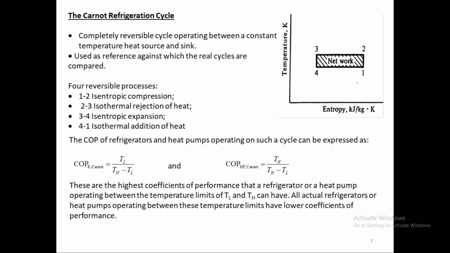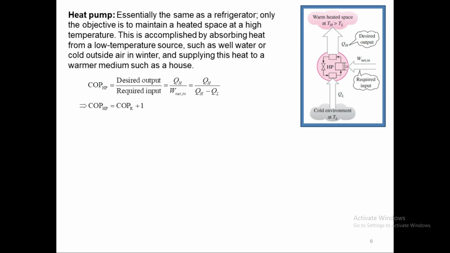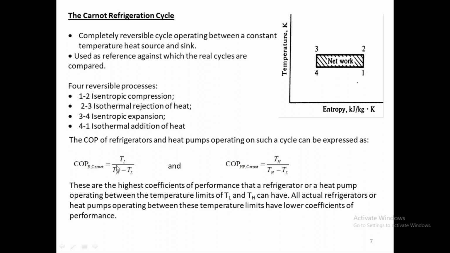So for that reason, we can replace Q, the amount of heat transferred, by temperature T in the COP. So COP Carnot for the refrigerator will be equal to TL divided by TH minus TL, and COP Carnot for the heat pump will be TH divided by TH minus TL. The denominator is the same, just the numerator changes depending on whether it is COP-R or COP-HP. These are the best COPs that can be achieved by the Carnot refrigeration cycle only.